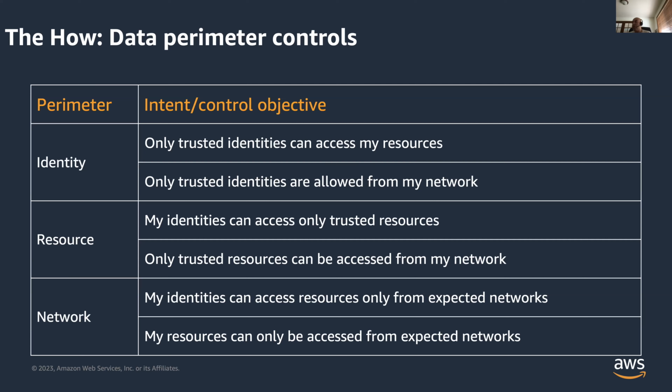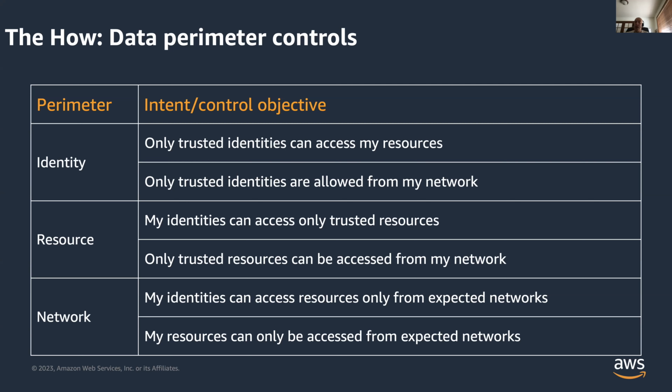When it comes to resources, we need to make sure they are accessed by trusted identities, and not from any network, not from a public network, not from the Starbucks network. They should only be accessed from our own defined expected network. And then for the network itself, we need to make sure that identities can access resources only when coming from those expected networks. Those are the three pieces that are our goal to achieve.